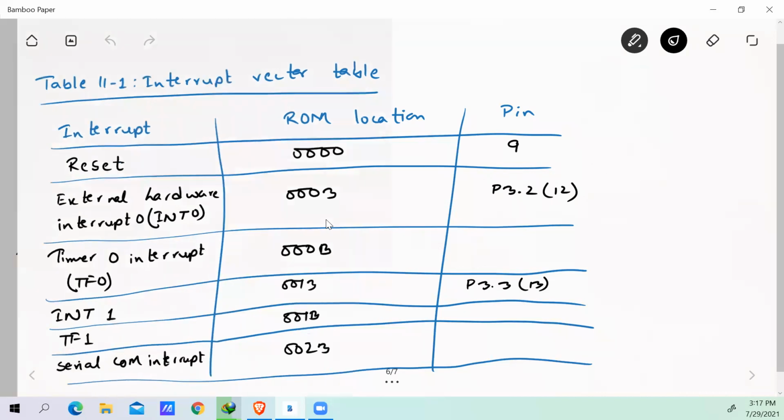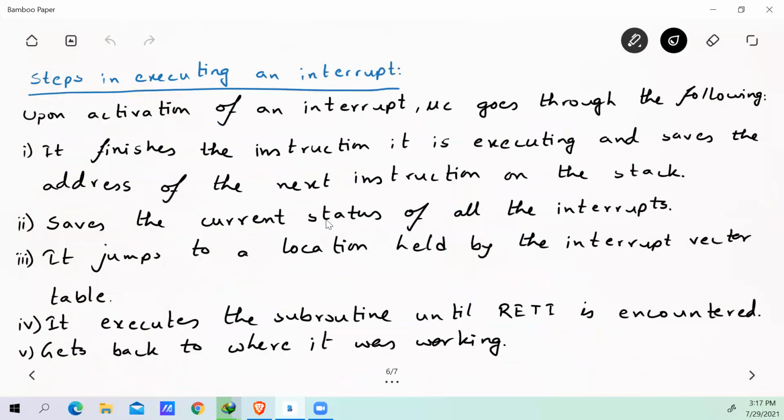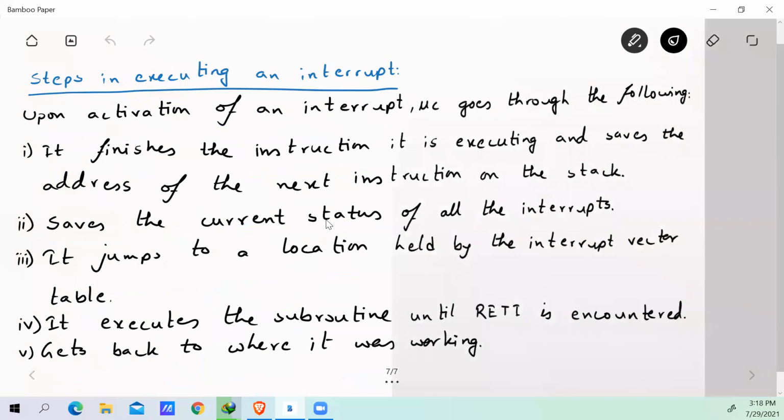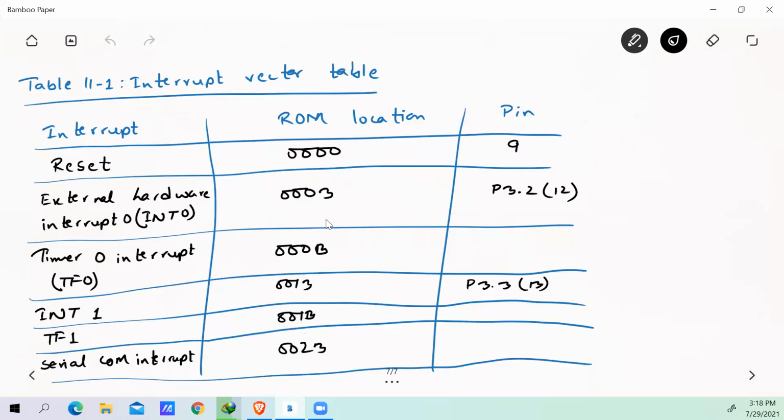See, what is written over here in point number 3? It jumps to the location held by the interrupt vector table. Right. So whenever your reset interrupt is invoked, where will your microcontroller go? Sir, to the ROM location.